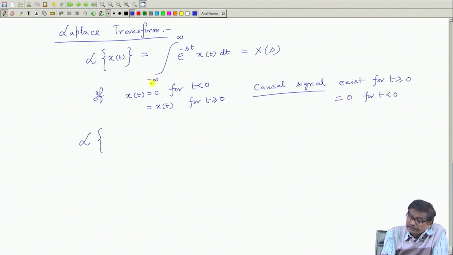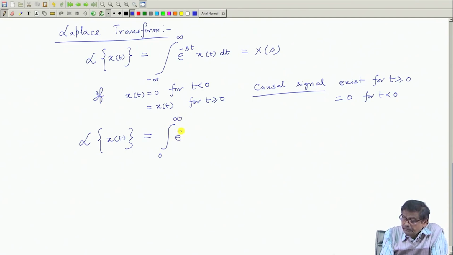If that be the case, then this integral can be written as 0 to infinity only, e to the power minus st x(t) dt, and we call it X(s).